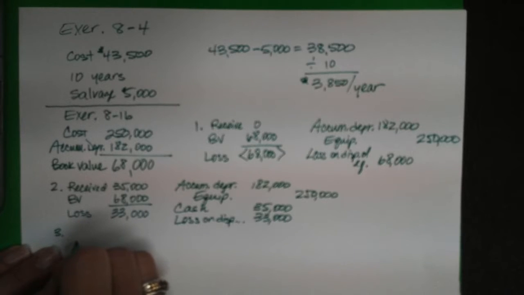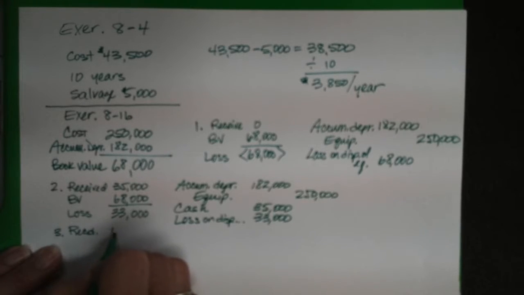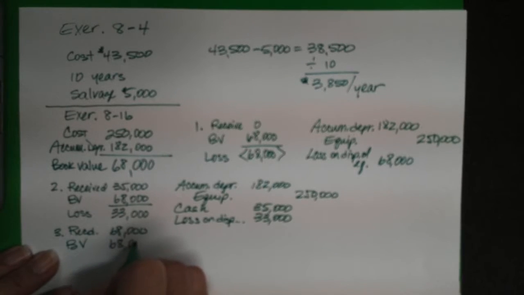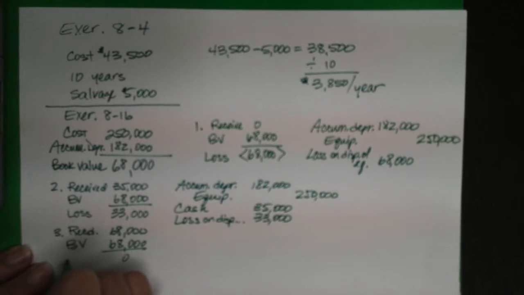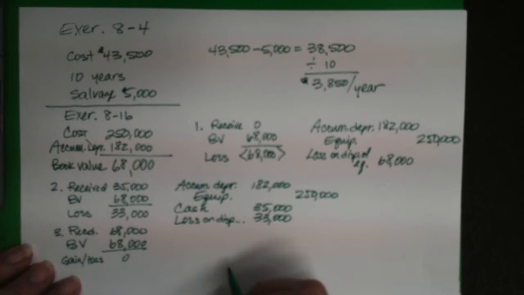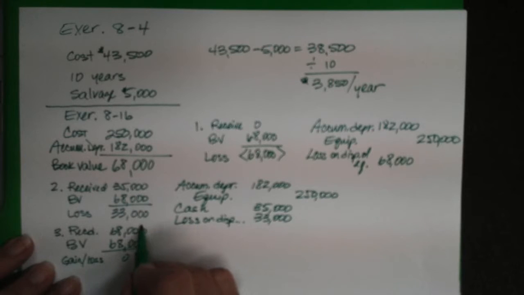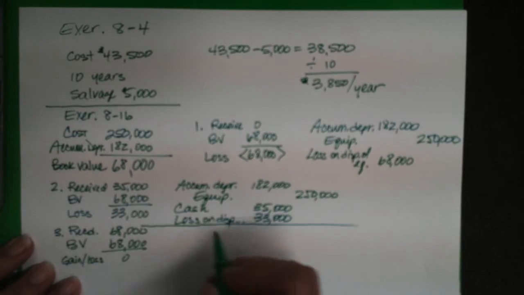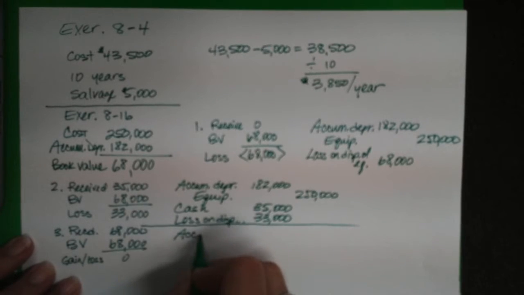3 says, what if we sold the machine for $68,000 cash? All right, so we received $68,000. We have a book value of $68,000. We have no gain or loss. In this situation, our entry is going to be same old thing.